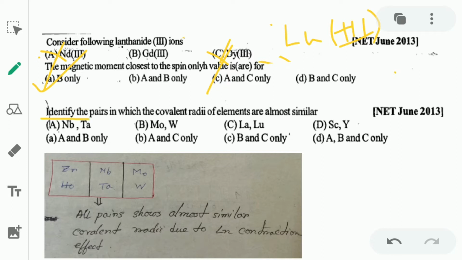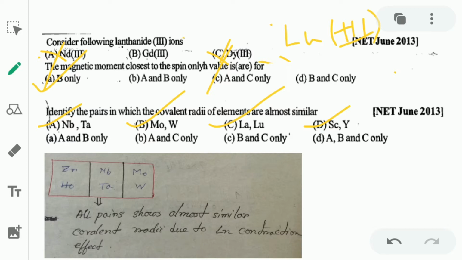Identify the pairs in which the covalent radii of elements are almost similar. Okay, let's check the given pairs, that is niobium and tantalum, molybdenum and tungsten, lanthanum and lutetium, and scandium and yttrium.